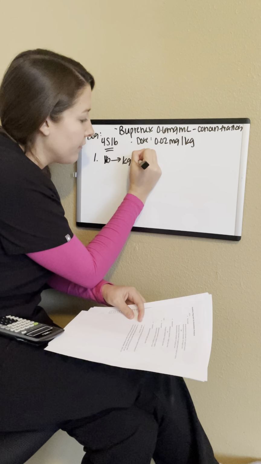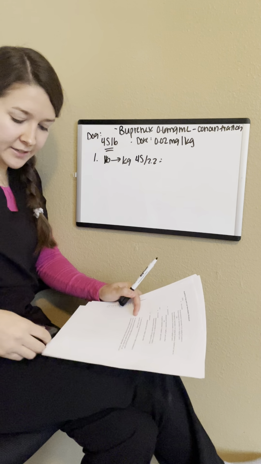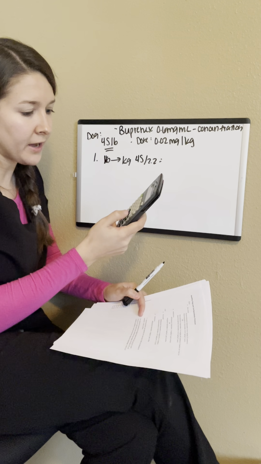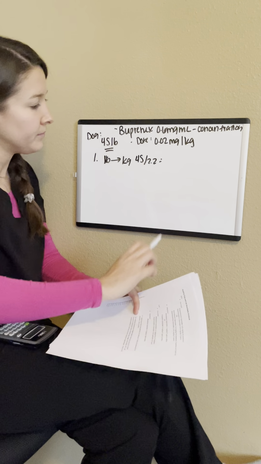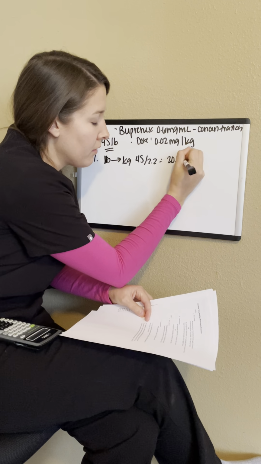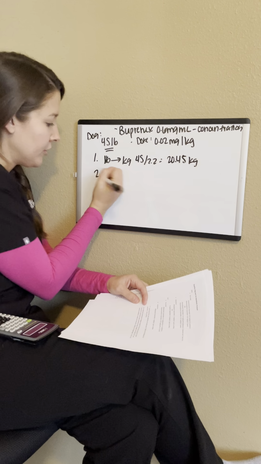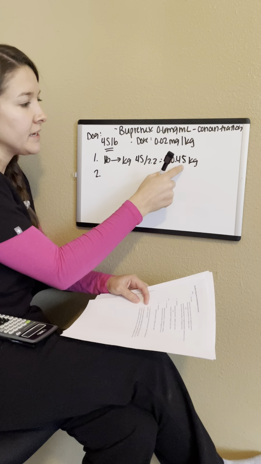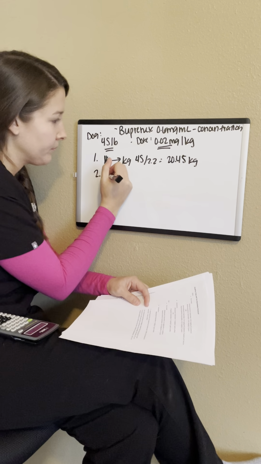So we're going to take 45 divided by 2.2. And let's do that together. 45 divided by 2.2 equals 20.45. So that's your first step. Your second step is going to take those kgs and multiply it by this mg right here.